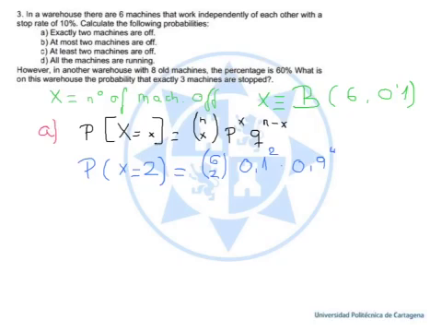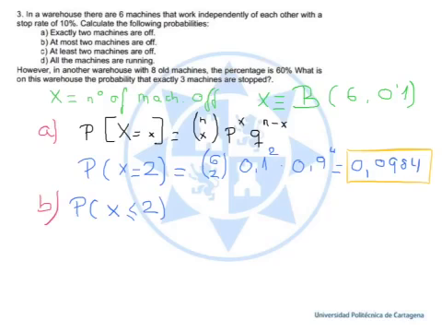If we do the calculus with the calculator, we know that this is equal to 0.0984. So this is the result of part A.